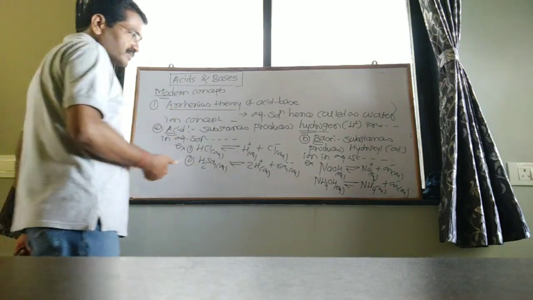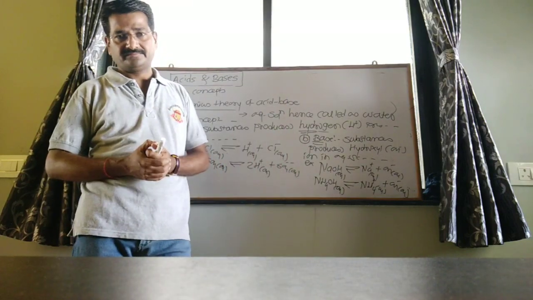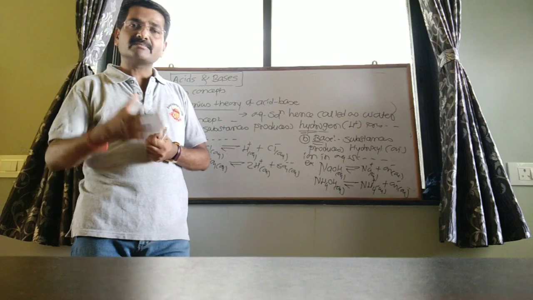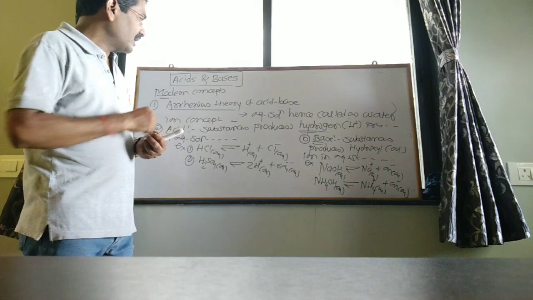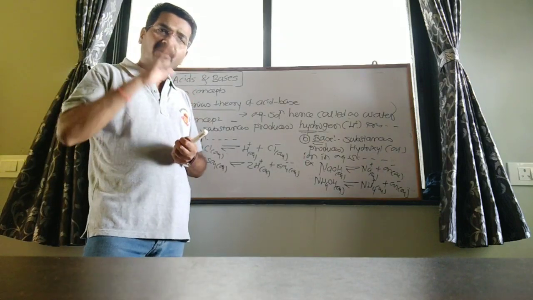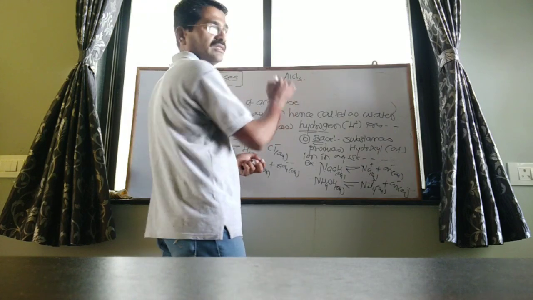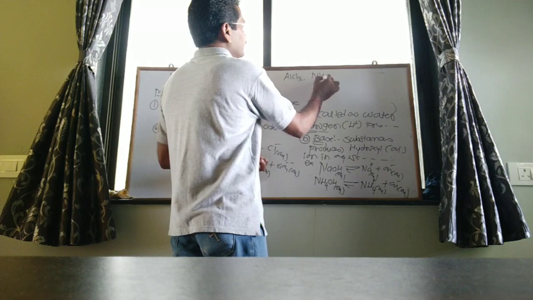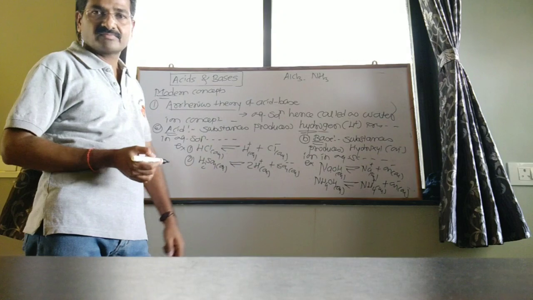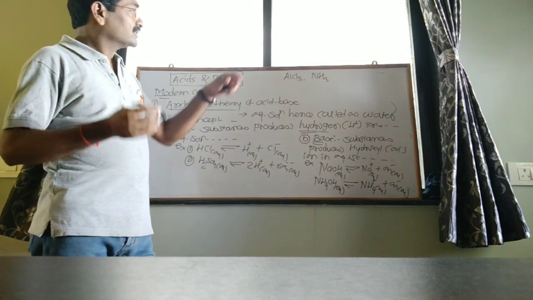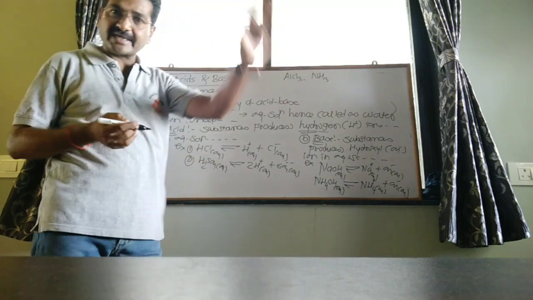So after some time, this theory or concept became a failure. Why failure? There are some limitations. The first limitation is that in nature, some compounds like AlCl3 and NH3 show acidic and basic characters.